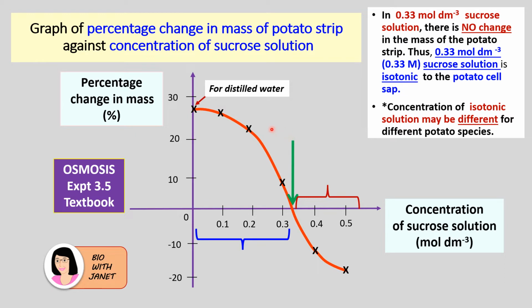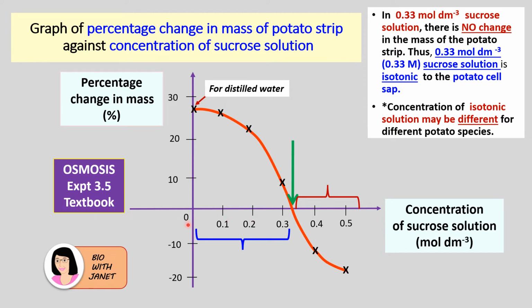Okay, then you can draw a line through these 3 points, and the curve will cut the horizontal axis here. Okay, that is significant. All right. So here I show you a graph which has more points. After plotting the graph, you can see that it's a curve that cuts through the horizontal axis. Okay, so you need to understand the concept behind this graph, all right, and explain the graph.